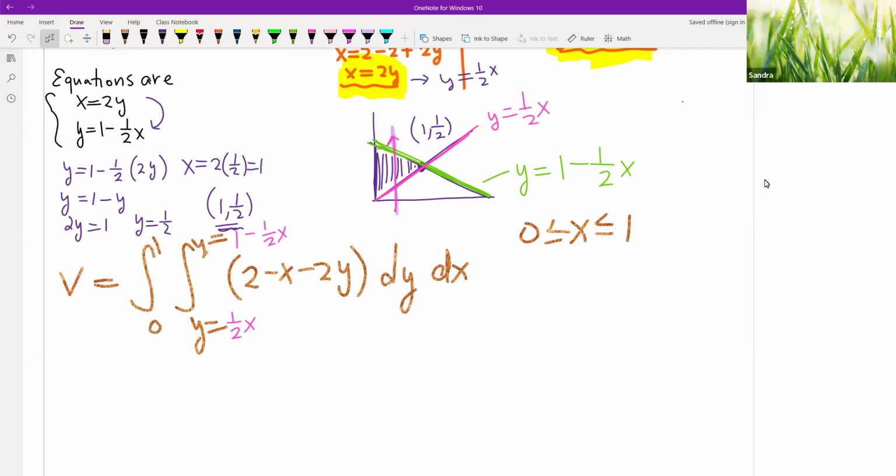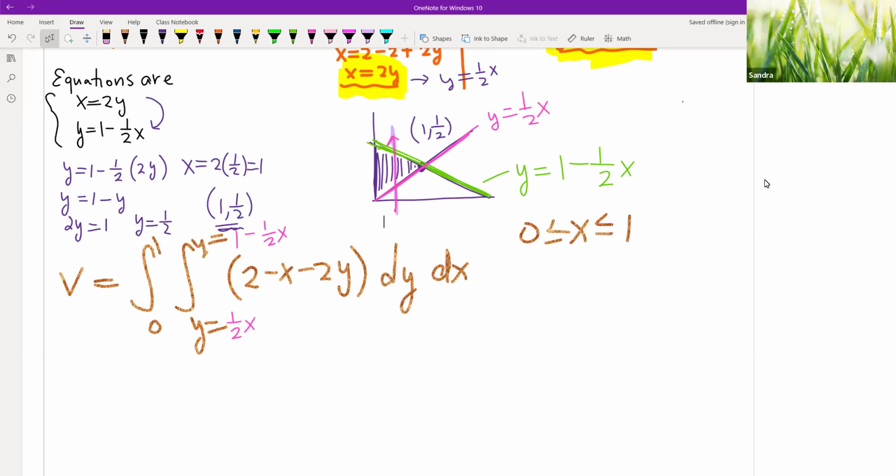There's no easy way out for these ones. I wouldn't want to do the other one. Because if I wanted to do the other one, the type 2, very quickly, you will have 2 pieces instead of 1.